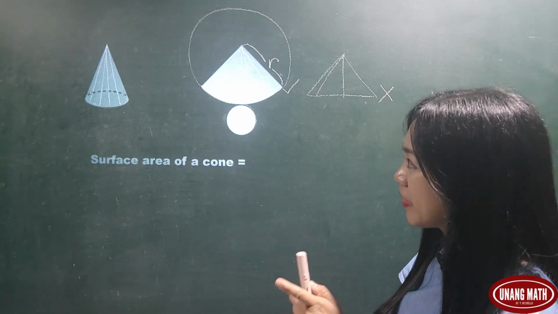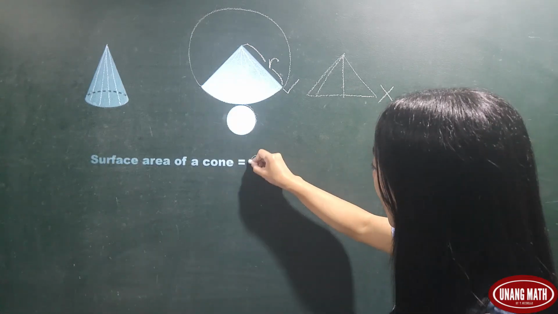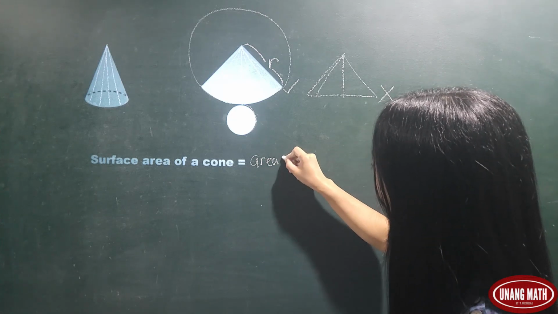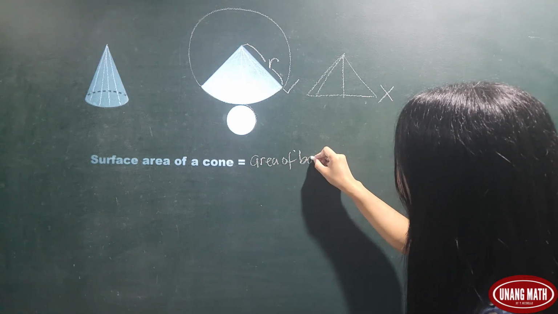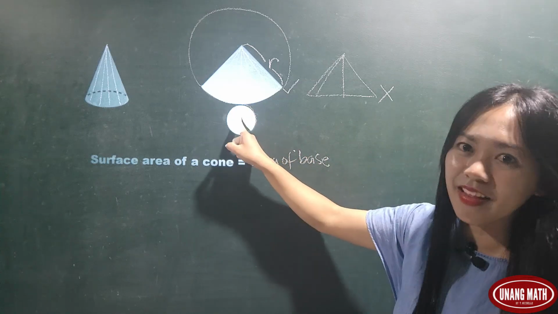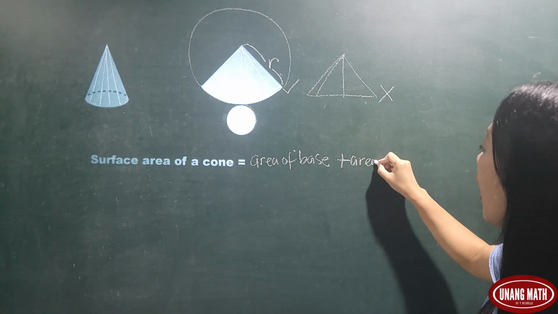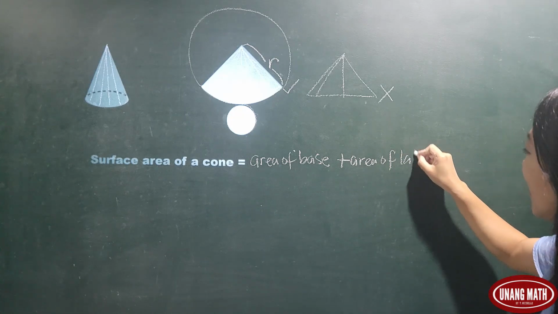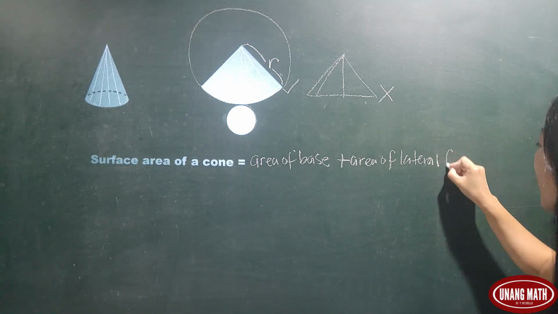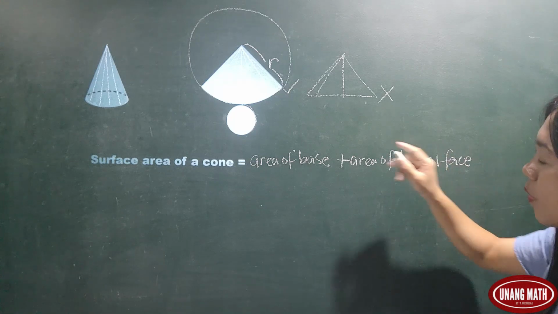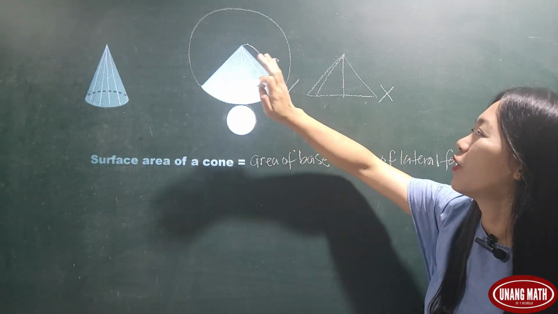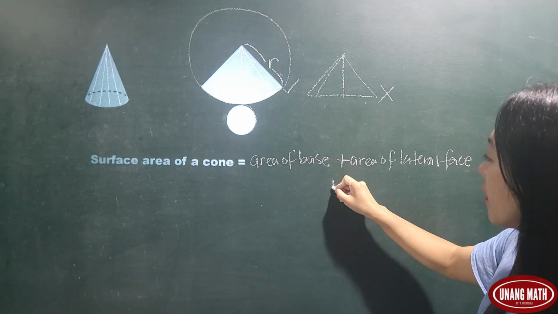To find the surface area of a cone, we have to get the area of the base, and since the base is a circle, get the area of that circle, plus the area of the lateral face. Again, the lateral face of a cone is a sector. To find the area of a sector, there are two ways.